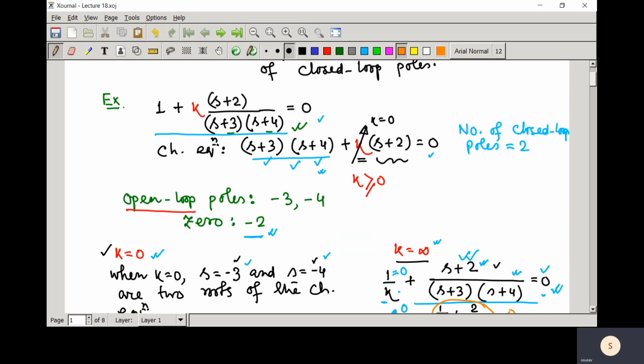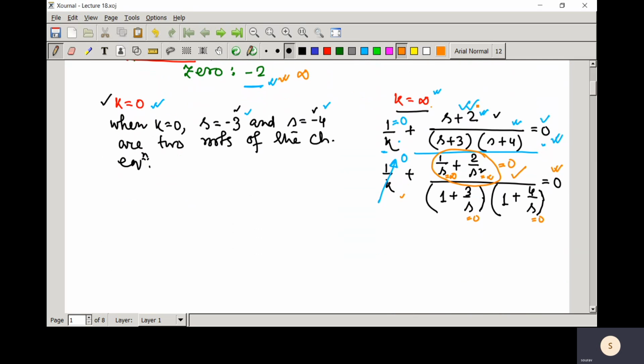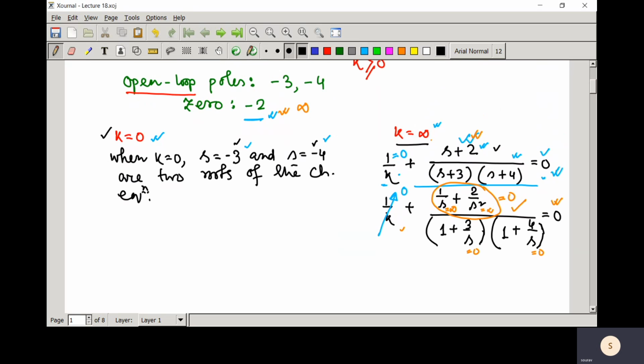As I have pointed out, if you look at the loop transfer function, it has one finite zero at minus 2, but there is another zero which is the infinite zero, infinity. So when K tends to infinity, the root locus approaches the zeros of the open loop plant, because here two zeros are there. One is the finite zero minus 2, and another one is the infinite zero.